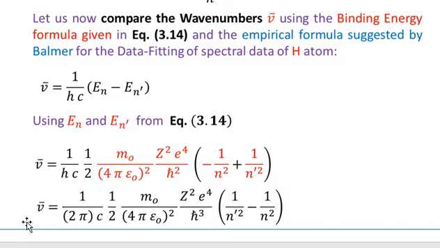Rearranging the parameters, nu bar is equal to 1 over 2 pi c, times half times m naught over 4 pi epsilon naught raised to the power 2, times Z squared e to the power 4 divided by the cube of h bar, and then the parenthesis contains 1 over n prime squared minus 1 over n squared. This is the full expression of nu bar for a hydrogen-like atom, because it contains the value of Z.